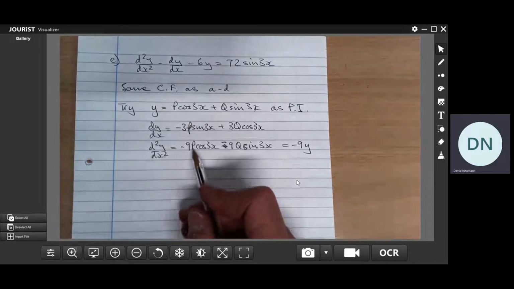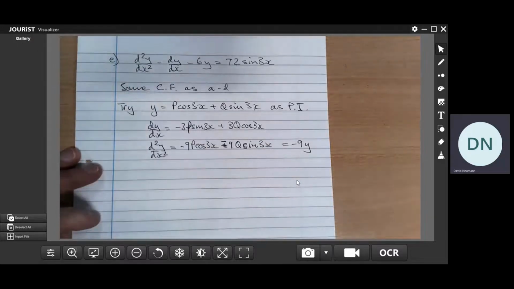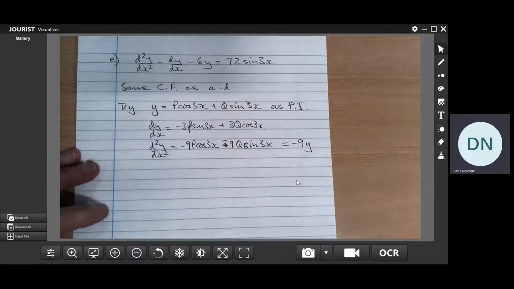Okay, so now we need to find what p and q are by substituting into here.